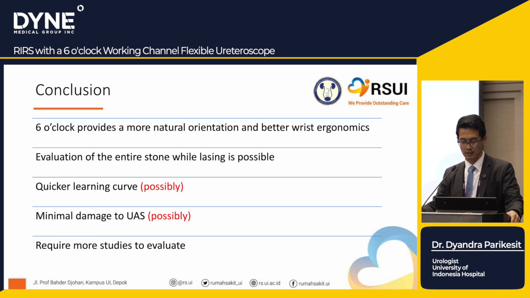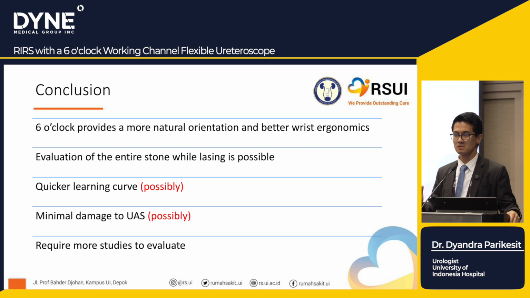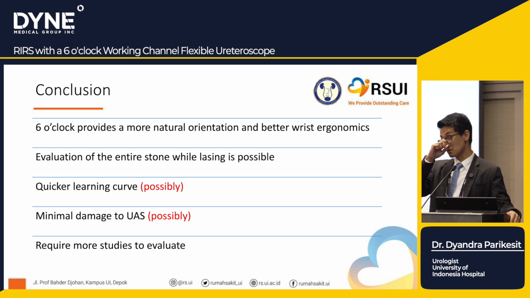So in conclusion, of course more studies are required since this is a new armamentarium, but the 6 o'clock, in my experience, provides a more natural orientation since it's the same working channel we use in other instruments. Evaluation of the entire stone while lasing is very possible.